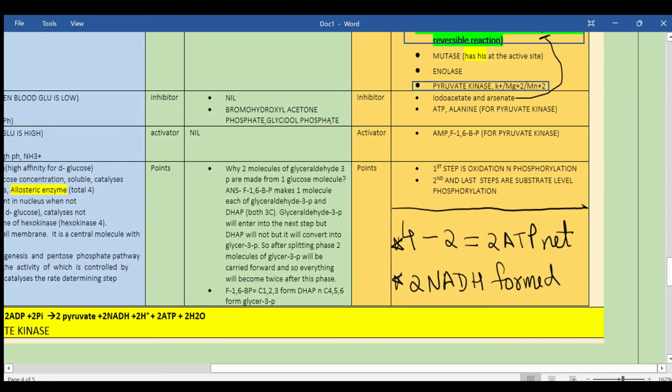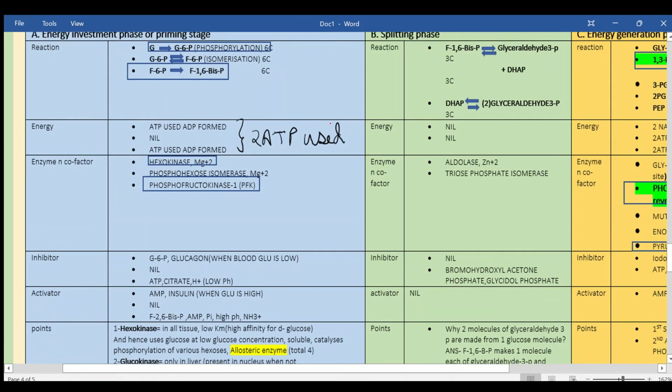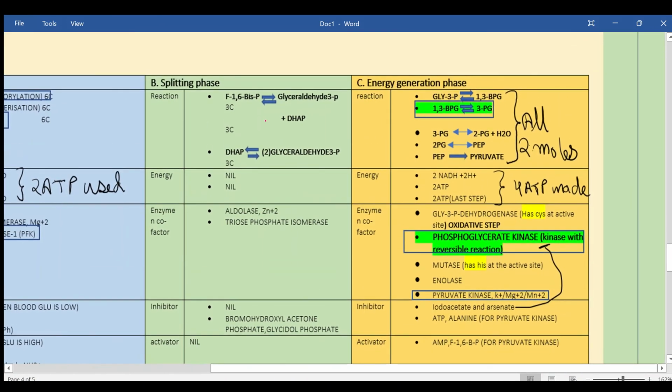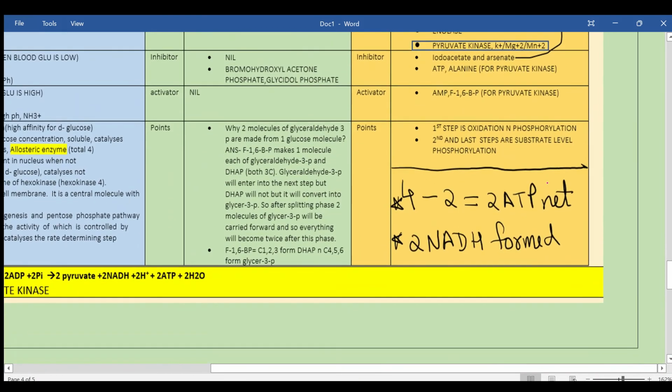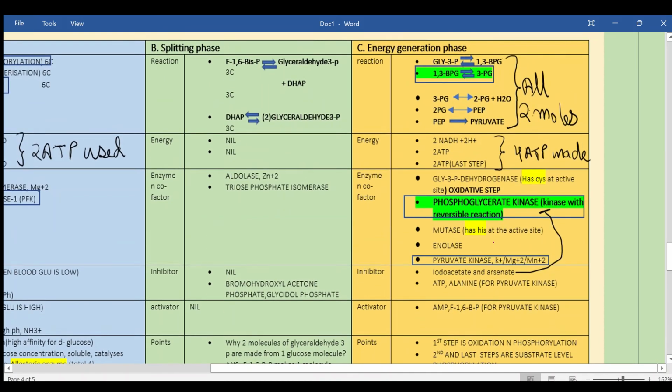Now, in the priming phase, we have used up 2 molecules of ATP, and in the energy generation phase, we have generated 4 molecules of ATP. So, the net gain of ATP in glycolysis is 2 molecules of ATP, and 2 molecules of NADH are produced, as you can see here.